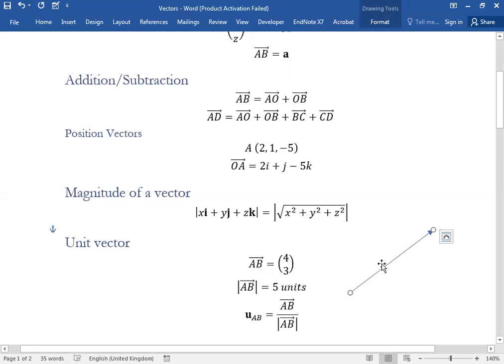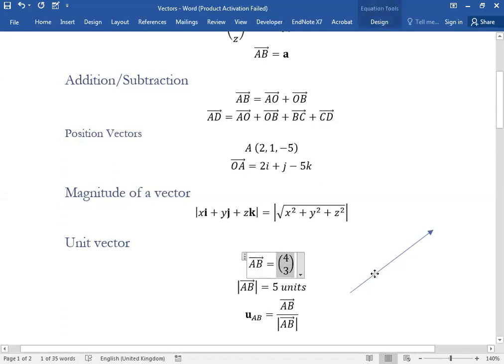Now, if I were to get a vector in the same direction, but with a magnitude 10, what will that vector be? You double the entire vector, you get (8, 6).